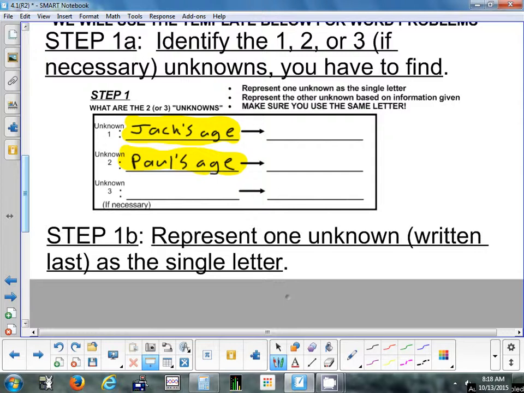Step 1B. Represent one of these unknowns as a single letter. Here's the really important hint: it's usually the one that's at the end of the sentence, or as the way we wrote it here, it's written last.